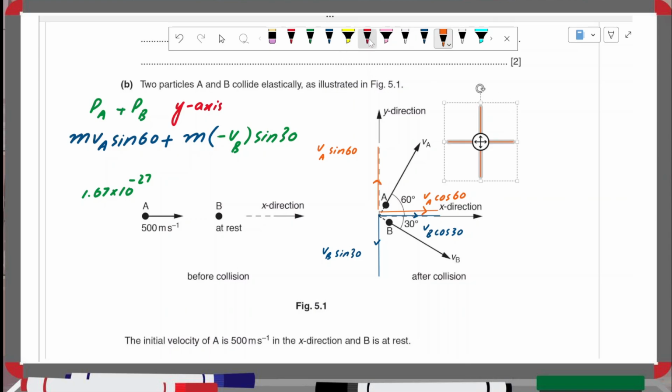So this is the sign convention: velocity on the right side positive, upward positive, left side negative, downward negative. So according to this convention, VB should be negative. So what is the expression now? MVA sin 60 minus MVB sin 30.